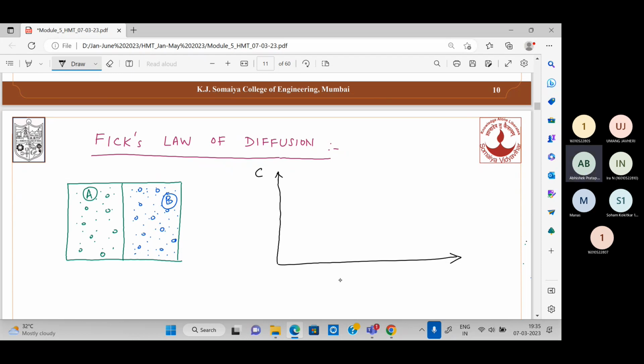Okay, so this represents X. We have plotted this graph.